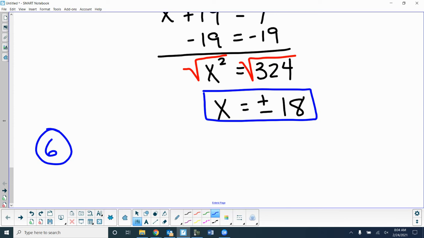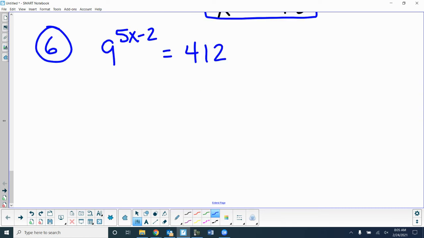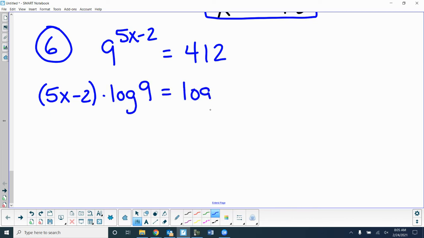All right, number 6 is another exponential that we're going to take the log of both sides. So remember, when I take the log of both sides, I can move that 5x minus 2 out in front of the log. So that's what I've got. Divide the log of 9 over to the other side.